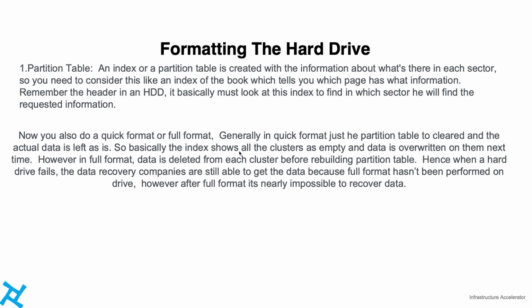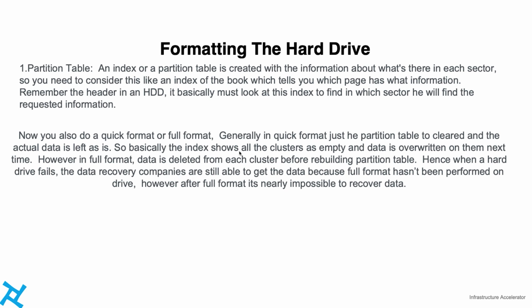Now, formatting the hard drive. It also consists of a partition table. An index, or a partition table, is created with the information about what's there in each sector. So if you have divided your hard drive into so many sectors and you're putting information in each sector, and if you want to retrieve that information, you need to have some kind of an index to refer to what information is where.